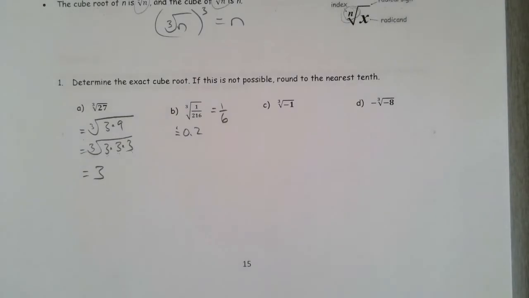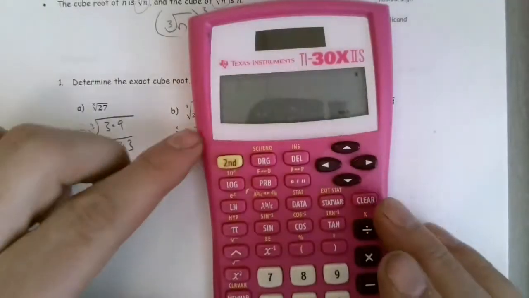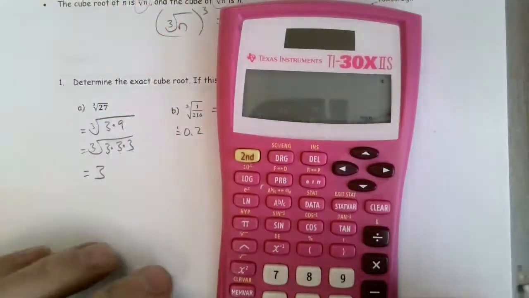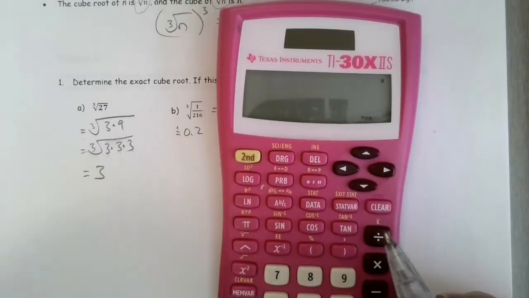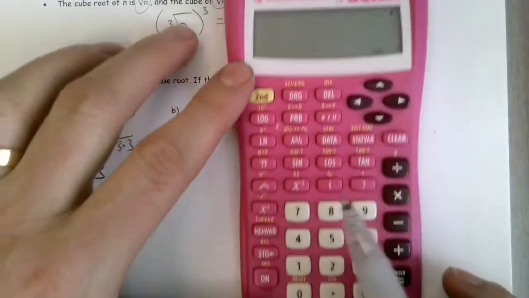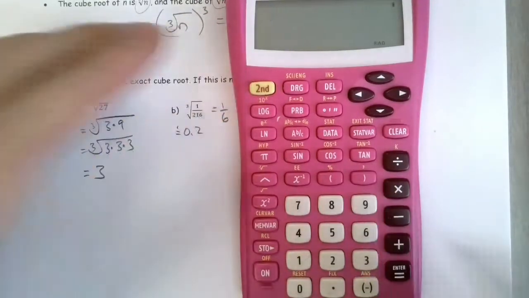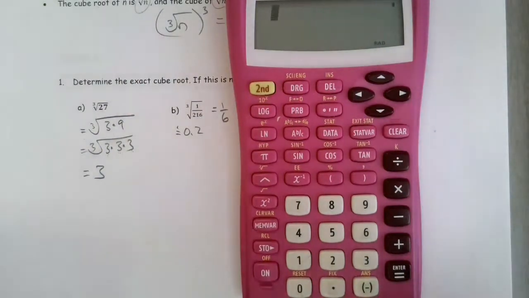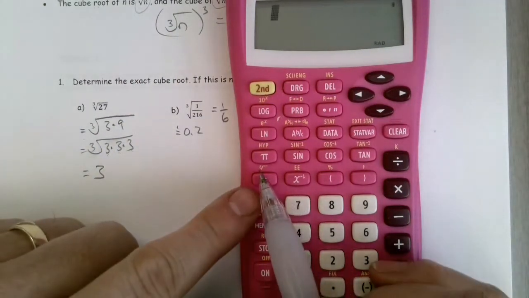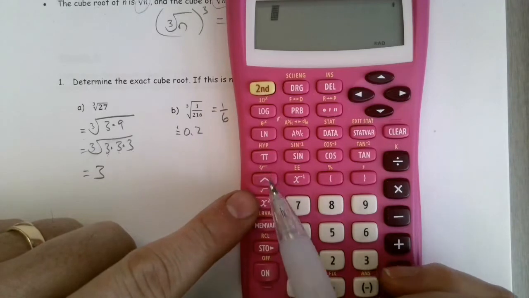Now let's take a look at my little pink calculator. Okay, so where would the cube root be here? Well, if you look at the options, I am not seeing a cube root. But what I do see is the xth root.